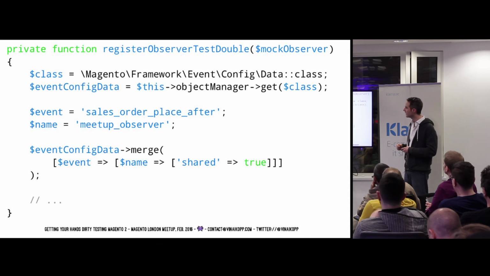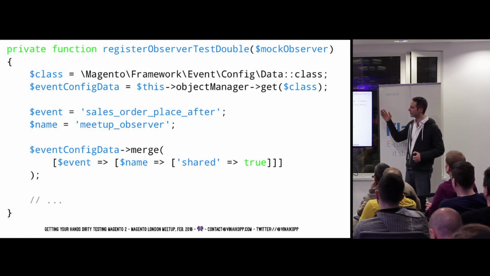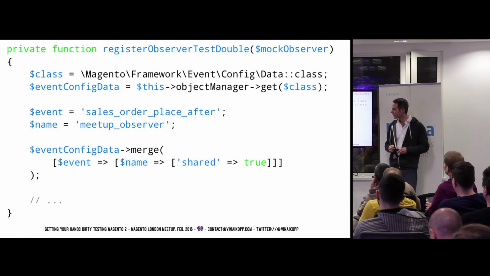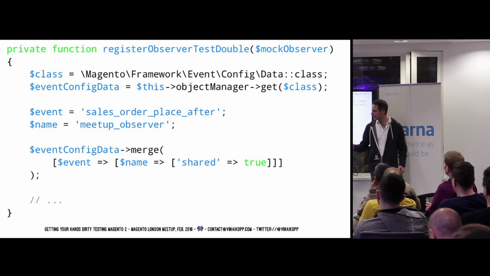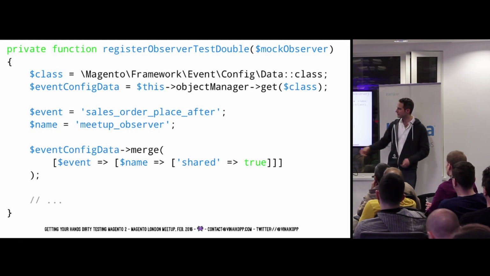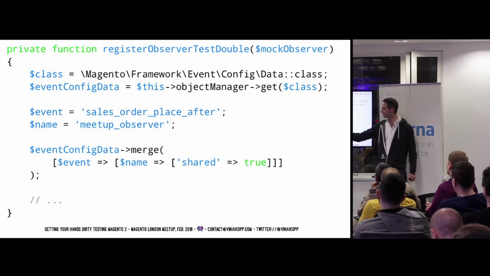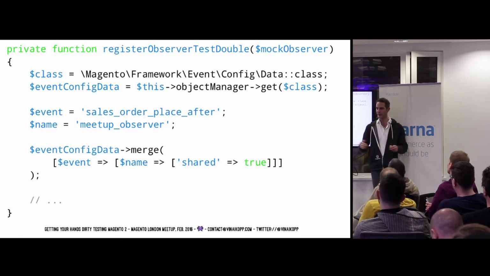So here we're getting an instance of this class, and then we can call merge, passing in an array for our event with our event name. We're setting shared to true, as if in the configuration file the shared property was set to true.